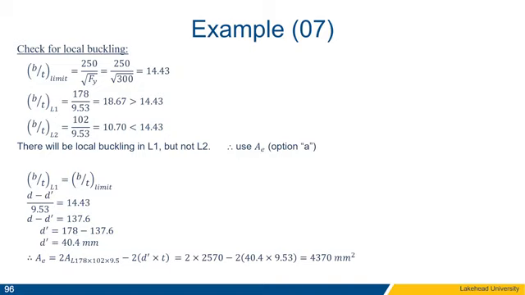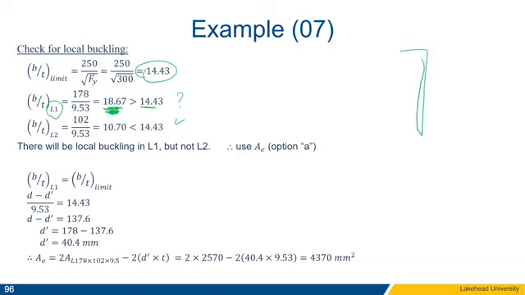We started with the smaller leg, which is L1, and we evaluated the limit, and we found that there is no problem at the shorter leg, no problem at the longer leg, but this one does not satisfy the local buckling. That means that the slenderness of this leg is higher than the limit.